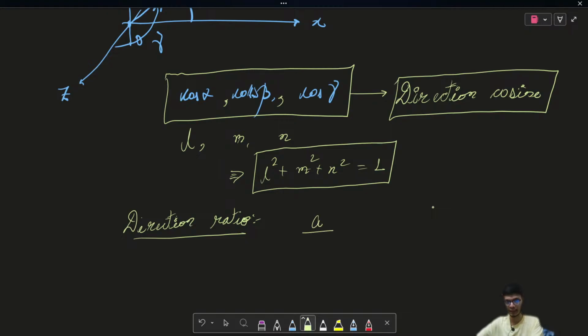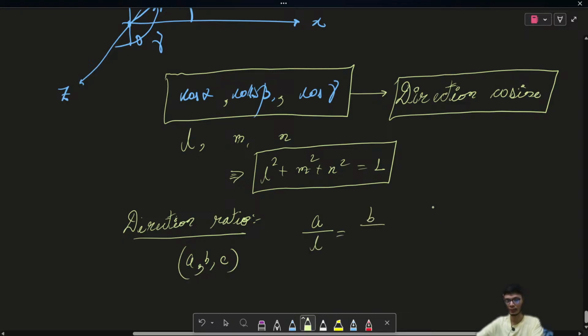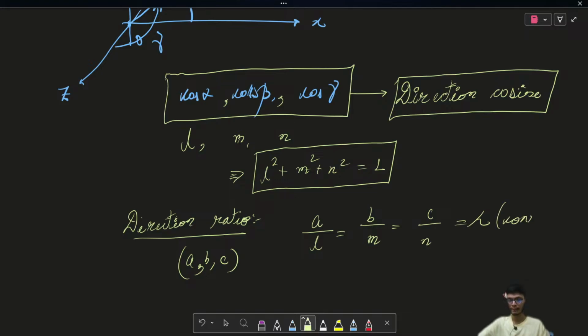So I can say that a, b, c are the direction ratios for a given line. That means a by l equals b by m equals c by n, which is equal to some constant, let us say lambda. So this is what our direction ratios should follow.